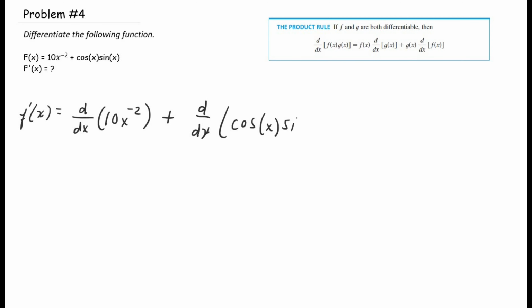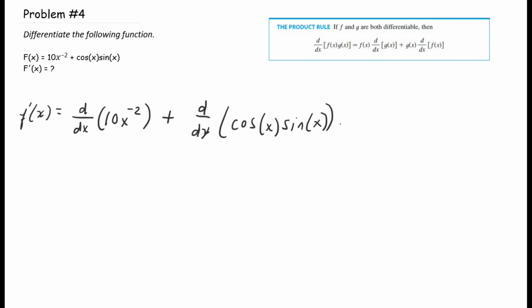So for the fourth problem, we have f of x is equal to 10x to the minus 2 plus cosine of x times sine of x. So in this problem, we have to take the derivative of each term separately. So first off, we have f prime of x. So in this case, we take the derivative of 10x to the minus 2 plus the derivative of cosine of x sine of x.